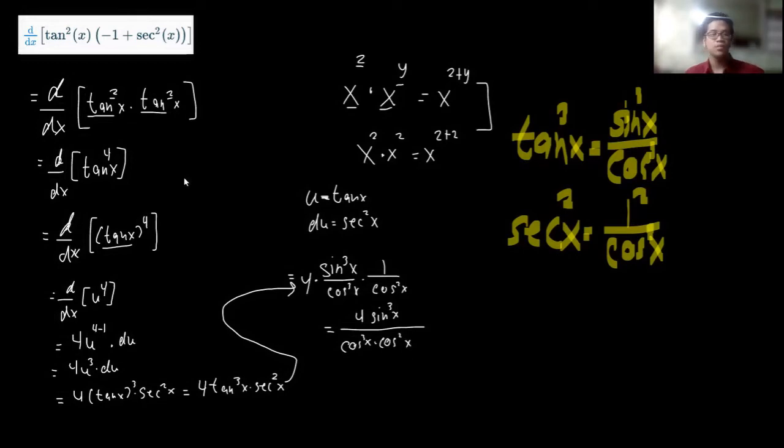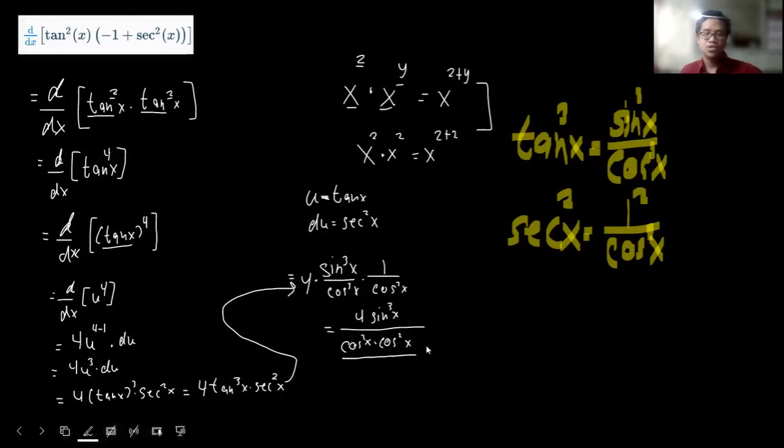And guys, remember this one, right? You have tangent squared of x and tangent squared of x. They have the same base, tangent of x, and then an exponent, so we add the exponents. So you have tangent raised to 4. That's the same thing here in cosine.